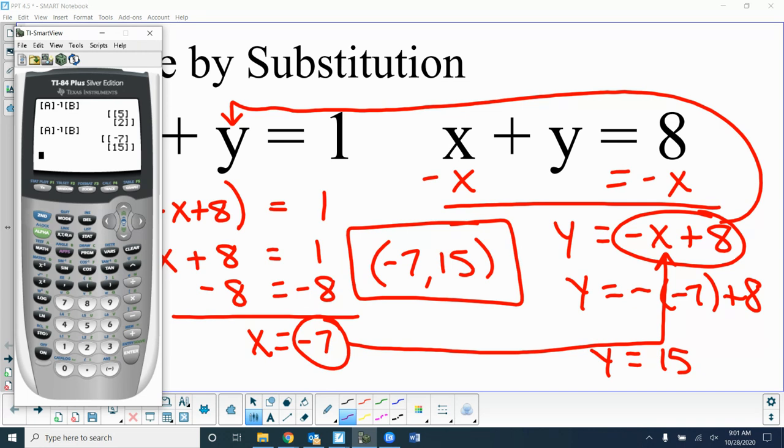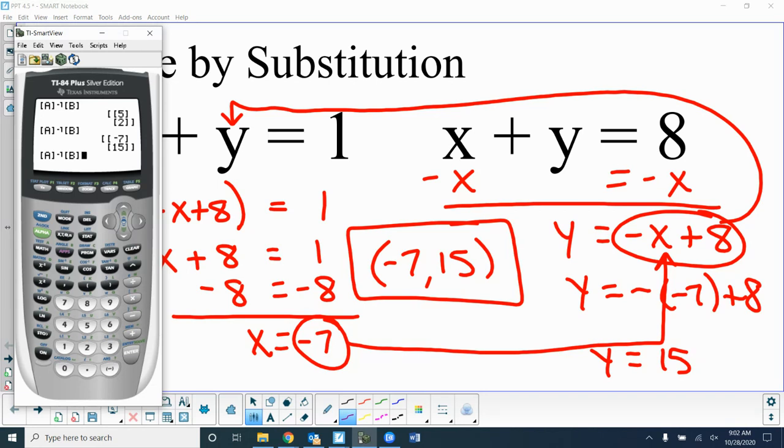Second enter puts in what you just typed the last time. So you can just start hitting second enter once you change your matrix. Okay? Any questions? That's basically all you're doing: you have about 6 word problems that you have to set up and solve using the matrix, all right?